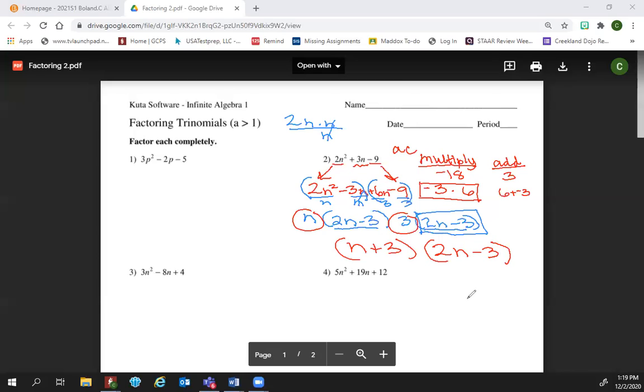But there's a trick to this, okay? A lot of you guys love to use the Desmos calculator, which I'm okay with. I'm okay with you using the Desmos calculator because it can be on your test. You can use it on your test.